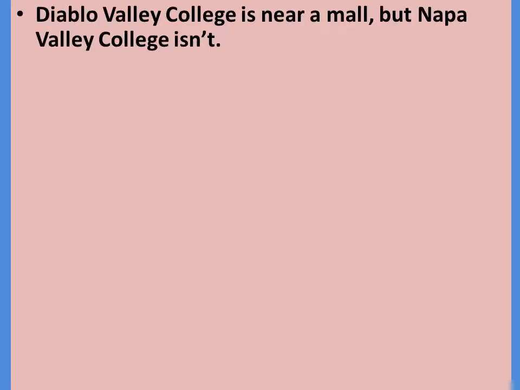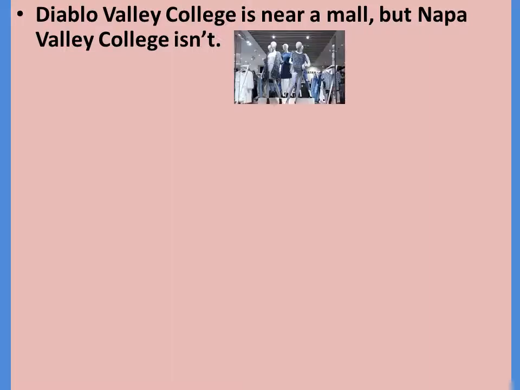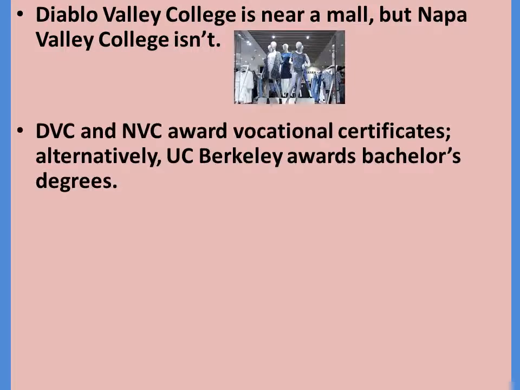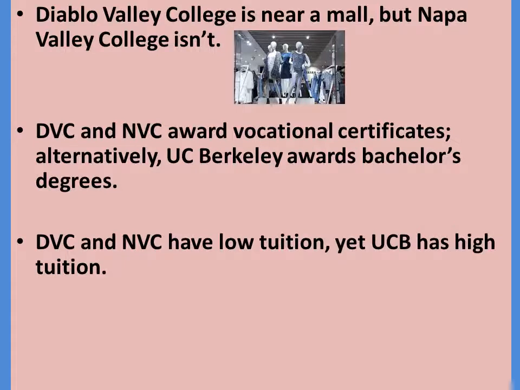Now let's see these connecting words in action for compare and contrast. Here we have Diablo Valley College is near a mall, but Napa Valley College isn't. Here we see the difference between the two with the word but. DVC and NVC award vocational certificates. Alternatively, UC Berkeley awards bachelor's degrees. So we have DVC and NVC, that shows their similarity, and alternatively shows that UC Berkeley is different.